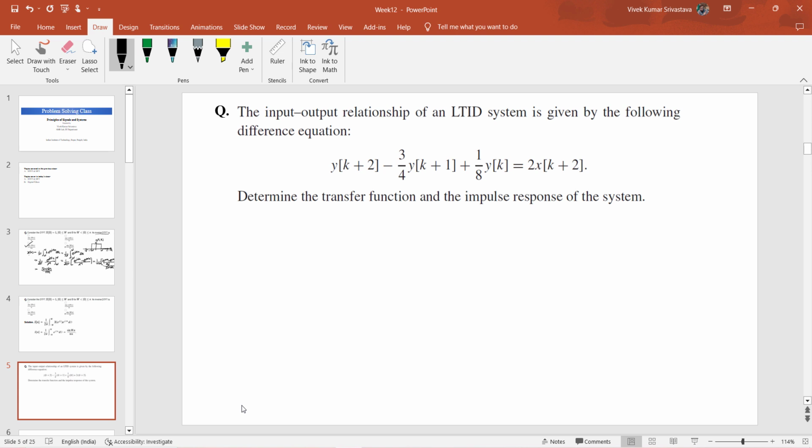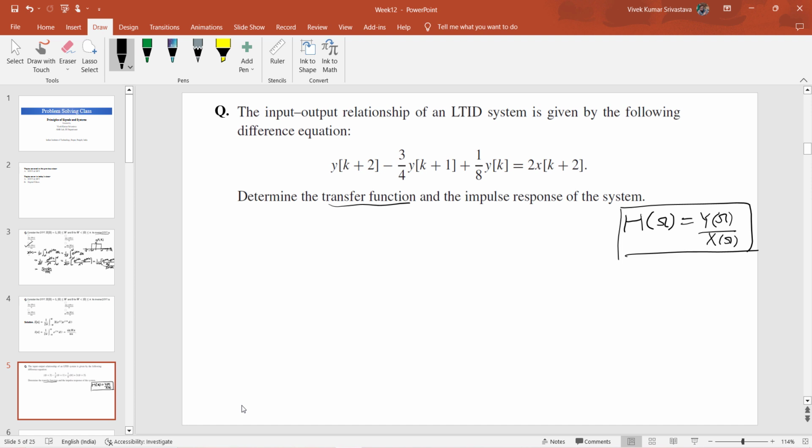As this difference equation is given to us, to determine the transfer function, which relates as H of omega equals Y of omega over X of omega, this is basically the transfer function of any system, the ratio of the output of the system to the input applied to the system.